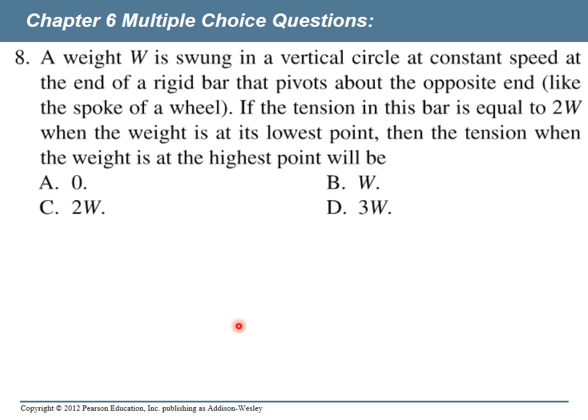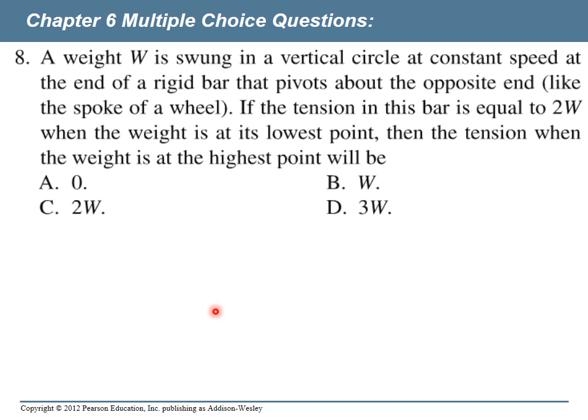If it's in a vertical circle and it always accelerates in towards the center, then when it's at the bottom, remember, the tension or the normal force would be more, right? Because it has to accelerate in towards the center with that radial acceleration.